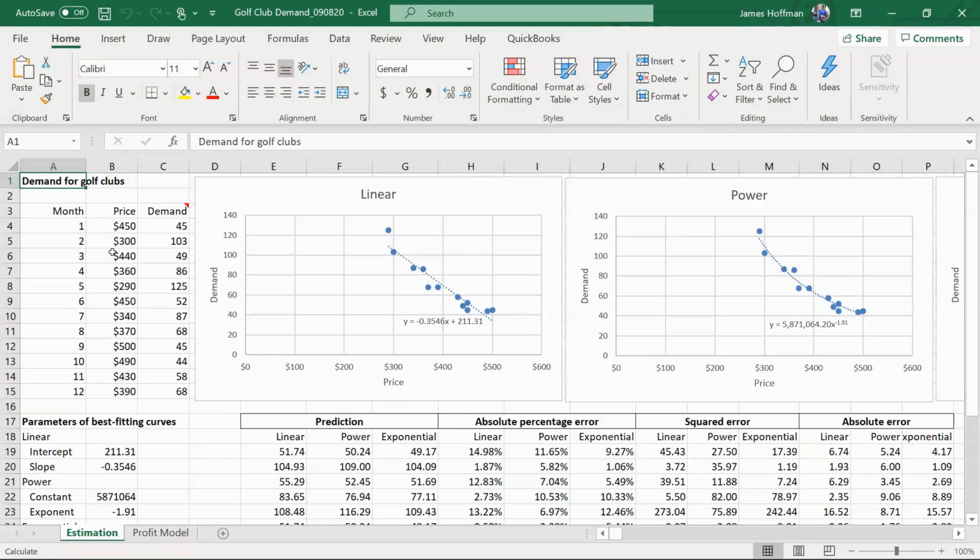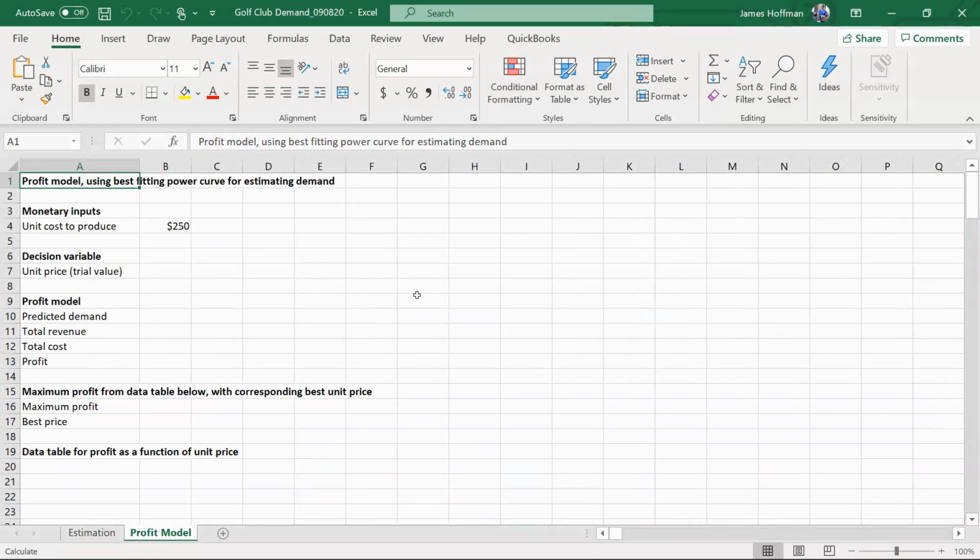We finished the first tab, which is estimation, and now what we're going to finish today is the profit model on the second tab. See this? Okay, so we'll finish today starting here at the top of the profit model, and again we're on step 9 on the printout.